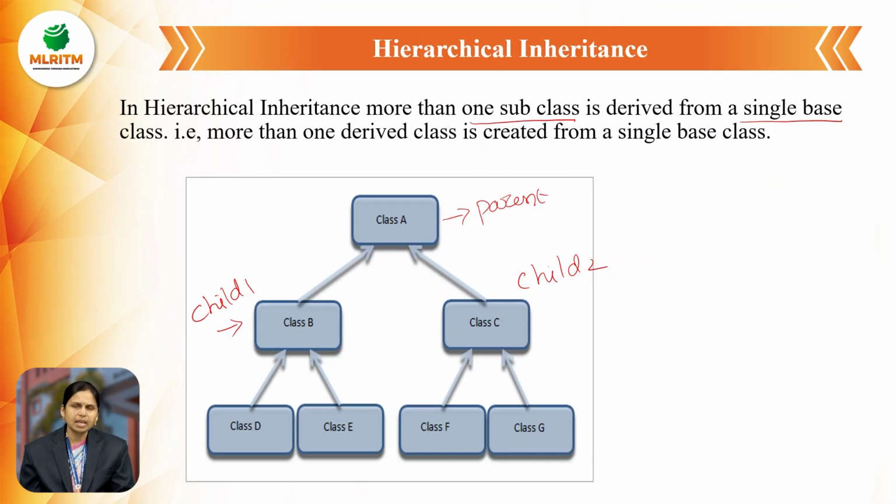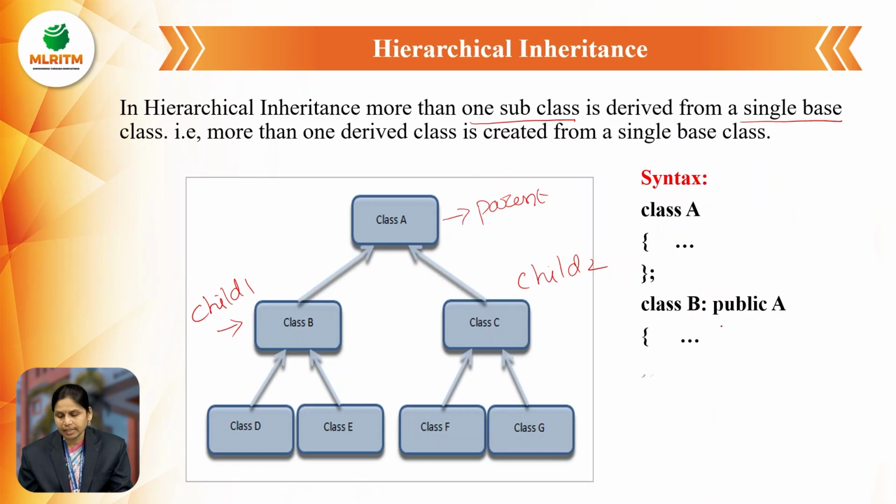Here also we use the same concept. First we have to declare the parent class A. From that parent class derive first child class B, next derive second child class C. Like that you can declare class D, class E, class F, class G, like that. You can use any number of child classes. But here the parent is single, there are more than one child classes.